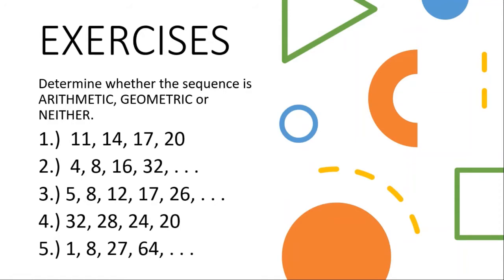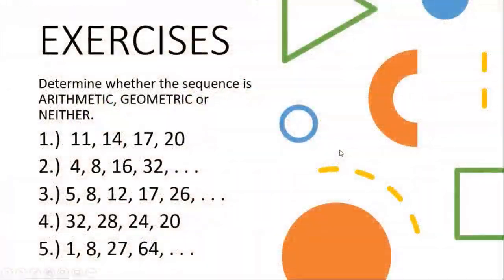If the sequence has neither a common difference nor a common ratio, then it is neither arithmetic nor geometric. You can pause this video and answer this at your own pace.